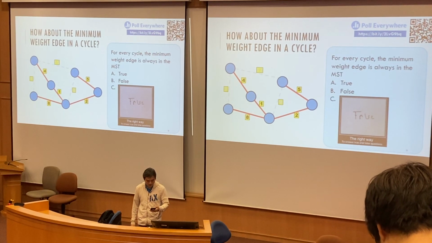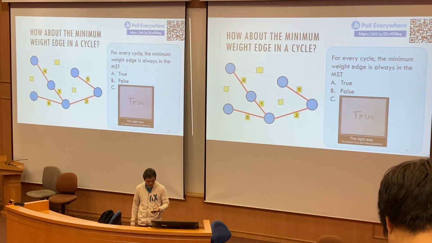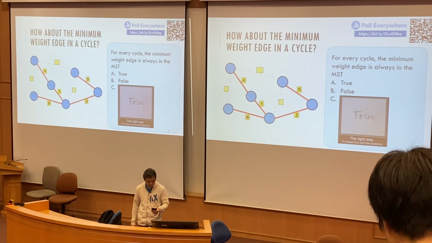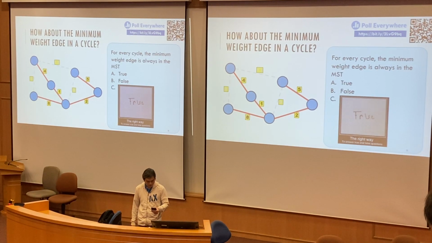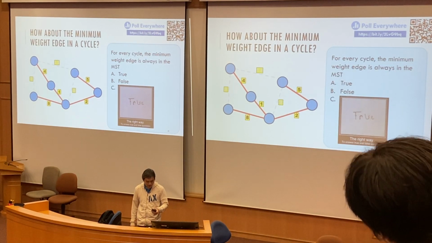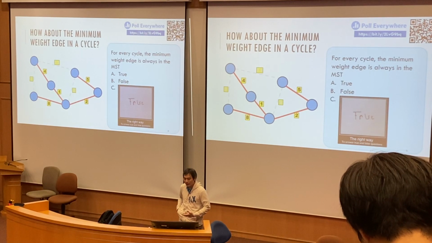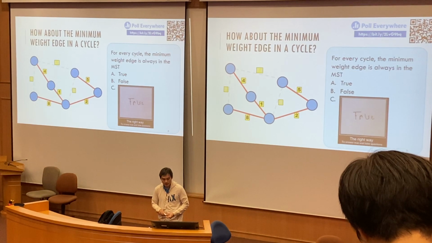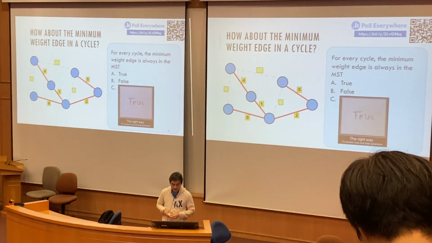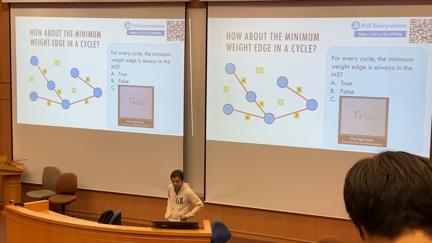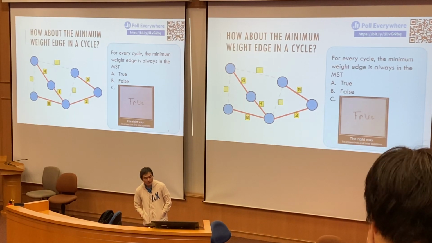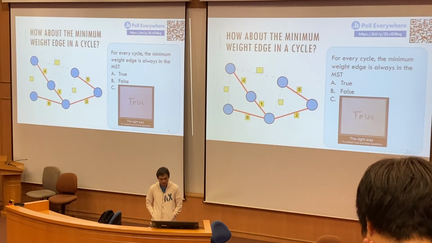Talk to your friend and put in your answer. Think carefully. Do you think that the minimum weight edge must always be in the MST for every cycle? Is it true, false, or I don't know?